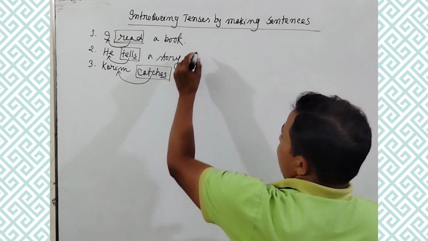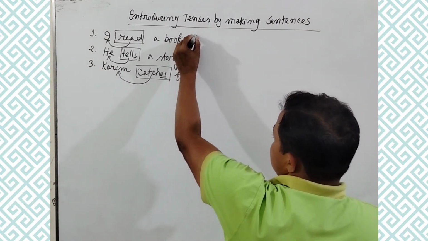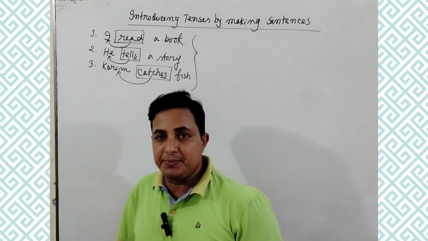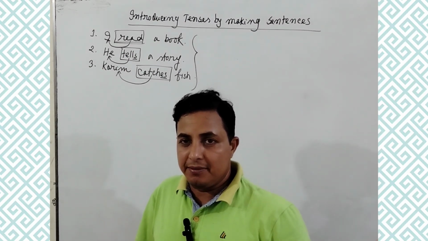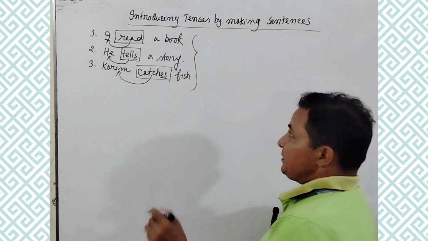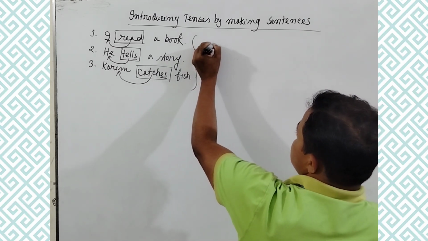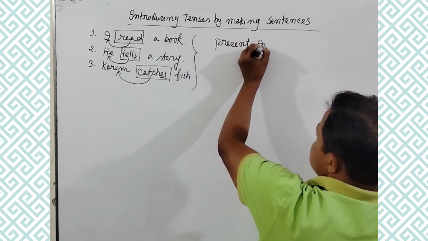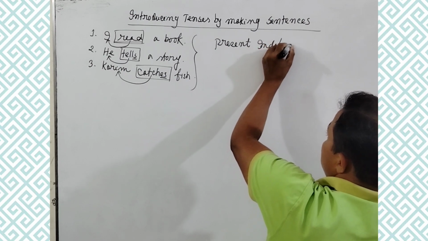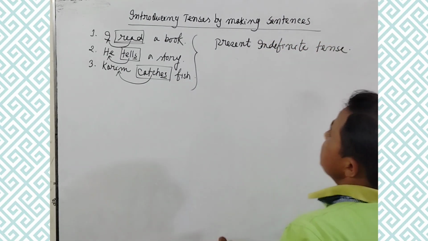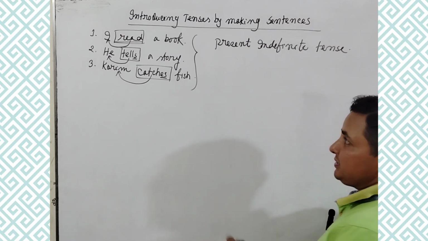Now I can say before you that if you find such kind of sentence from a textbook, from a magazine, from an English newspaper, you can identify its name is present indefinite tense. Present indefinite tense. What's the condition?